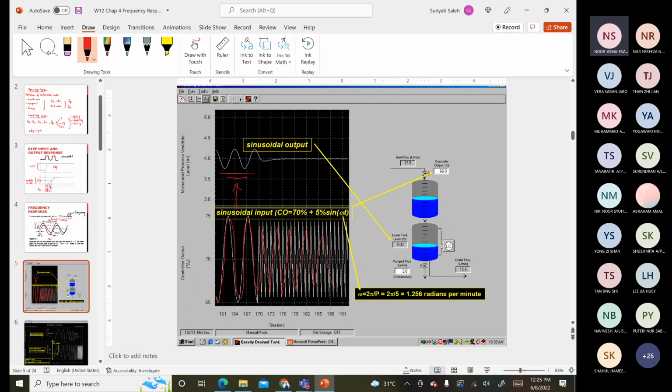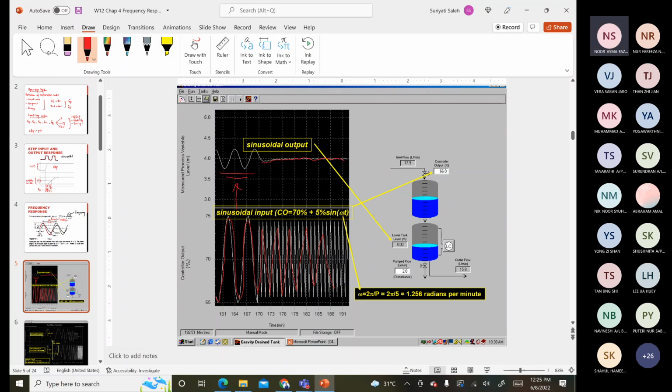However, the aggressiveness of your controller output contributes to a much better response. You can see, after you increase the frequency, you can have a good response over here, where it is very close to the 4 meter.